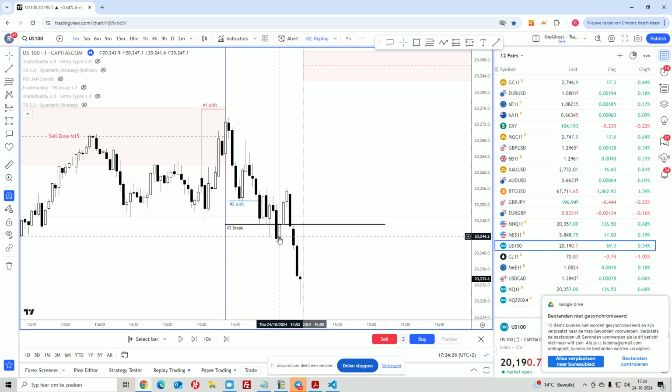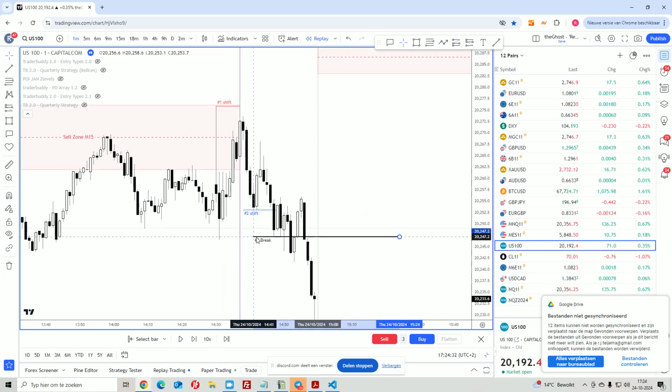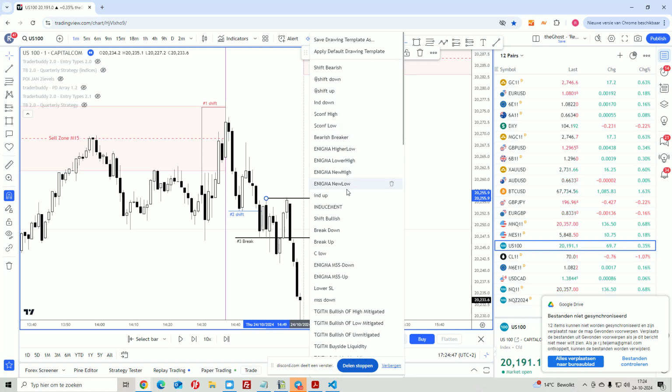When we do, and we do here, I'm gonna look for the highest point where we create this swing low and where it got broken. That is this point. And this is what I call the inducement.